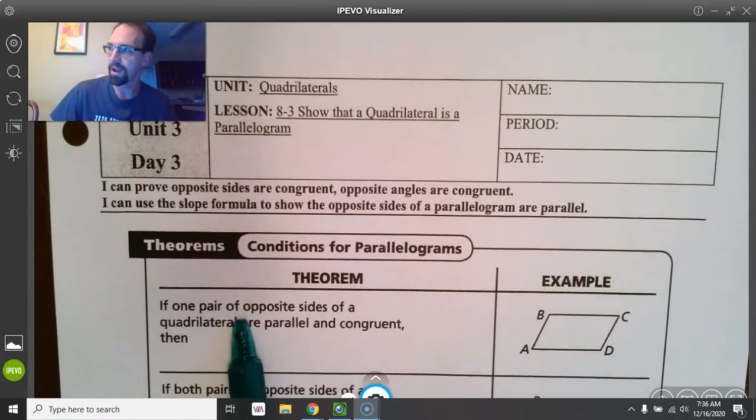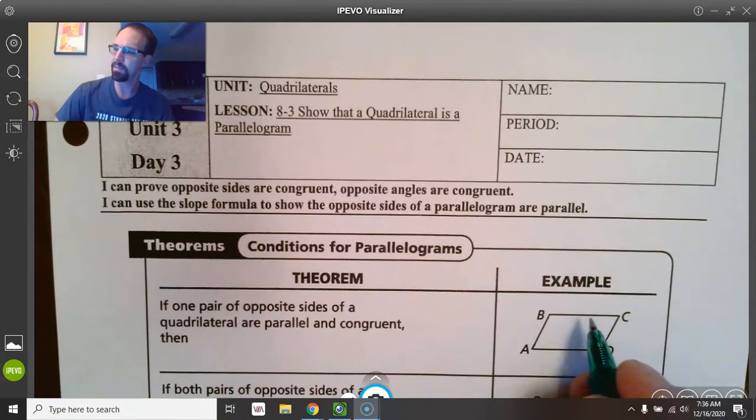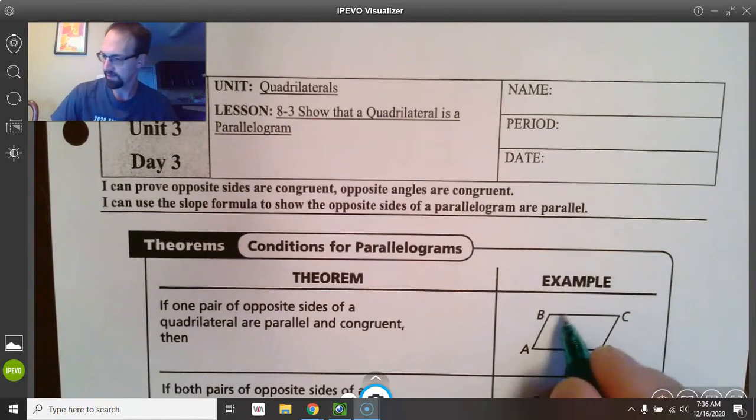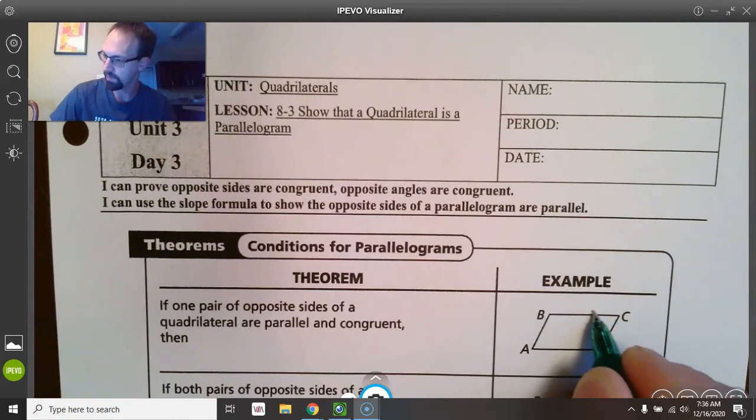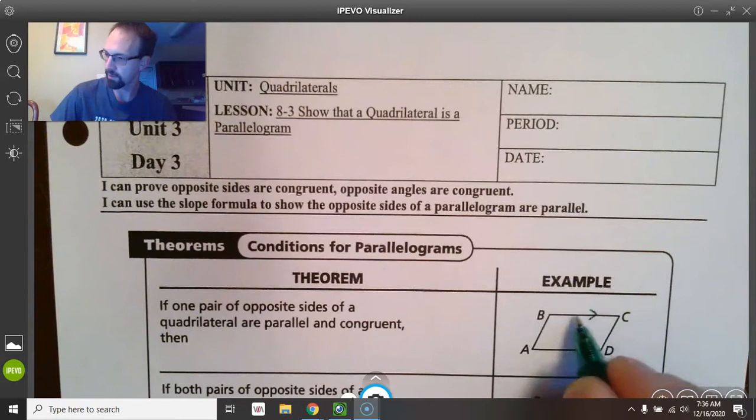If one pair of opposite sides of a quadrilateral are parallel and congruent. So an example of that would be if this side BC is parallel and congruent. So we're going to use the congruency mark.